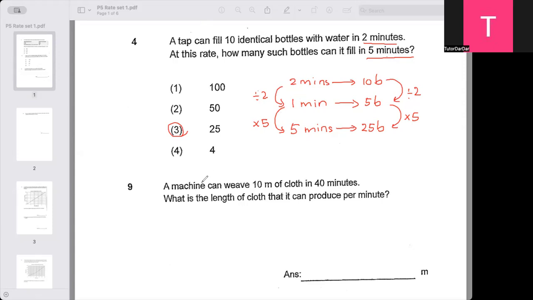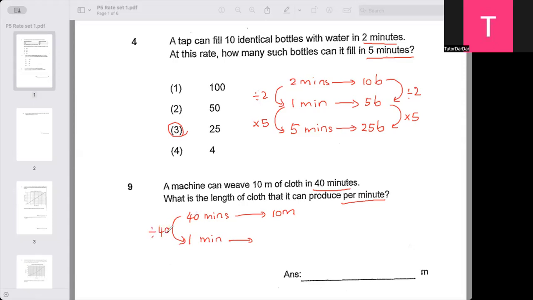Okay, next. A machine can weave 10 meters of cloth in 40 minutes. What is the length of cloth that it can produce per minute? Again, minutes, minutes. So we will start with minutes. 40 minutes is 10 meters. So we want to know 1 minute. 40 becomes 1 means divided by 40.